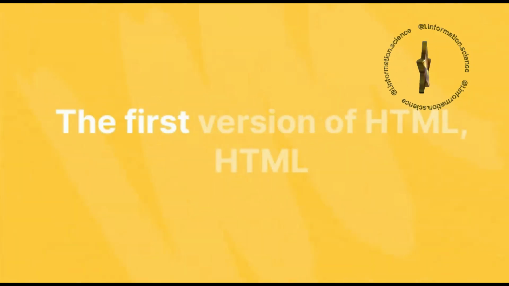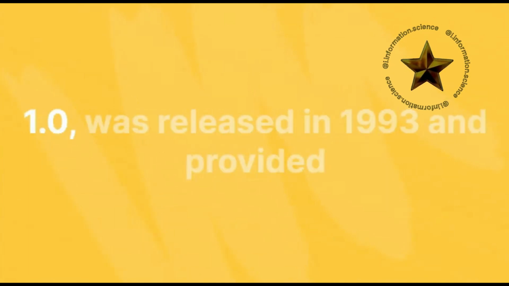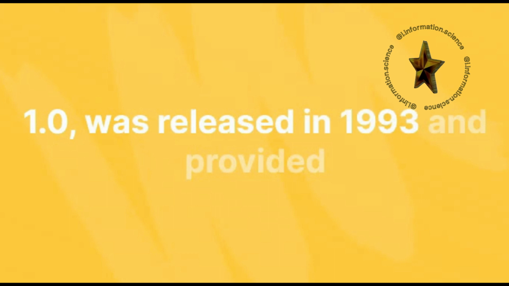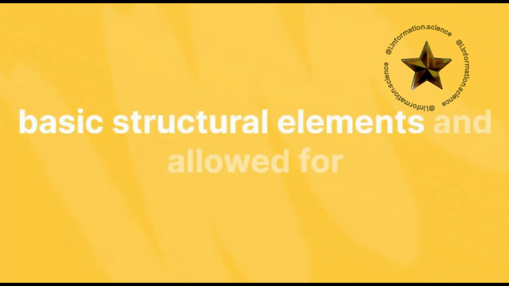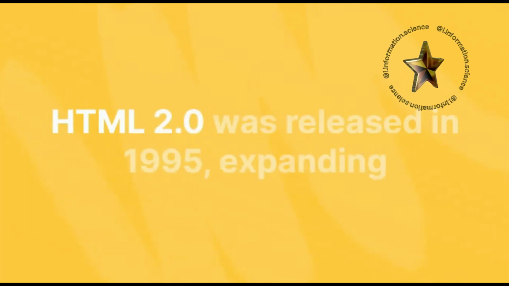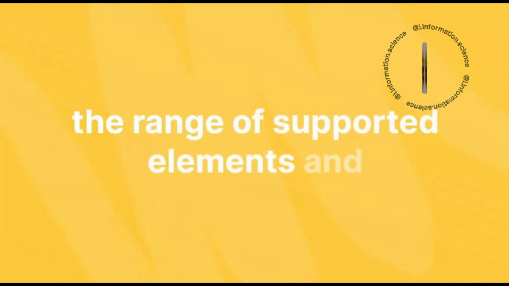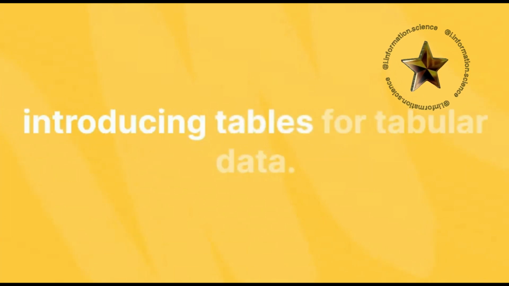The first version of HTML, HTML 1.0, was released in 1993 and provided basic structural elements and allowed for the inclusion of hyperlinks.